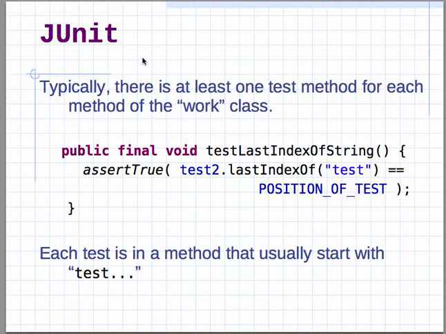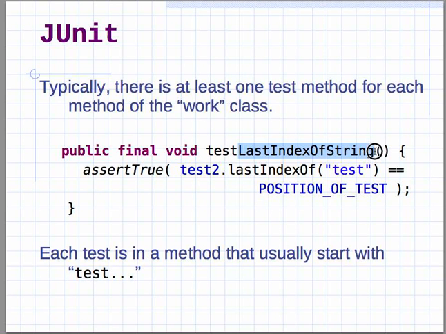Also, typically there is at least one test method for each method of the work class. Let's say we have a method called lastIndexOfString. If you're testing that method, chances are we'll have a method in the test class that tests that method in the work class.